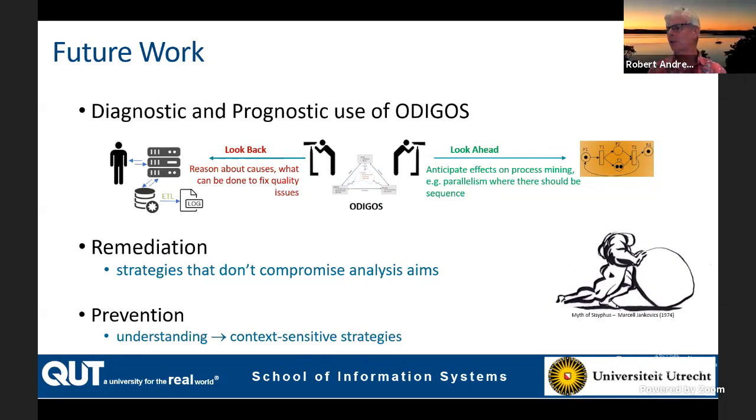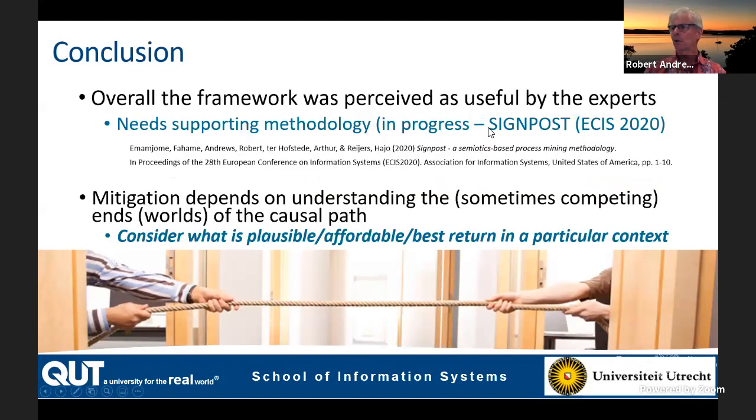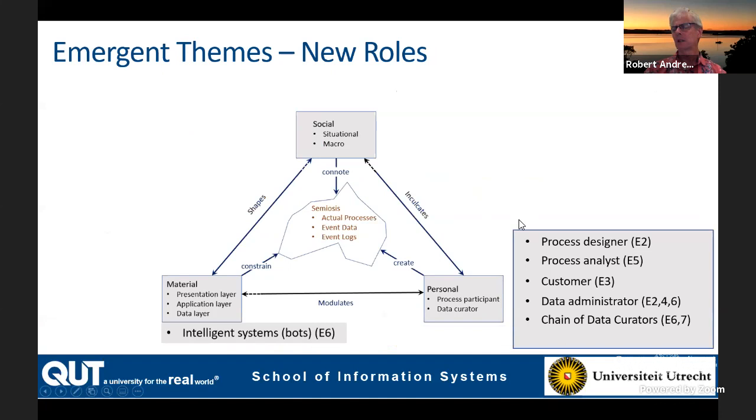We are, as you said, classifying symptoms, and using the framework, we are looking back here. So when we see symptoms in the event log, we're looking at the ways in which the symptoms came there by following the paths backwards. And we're trying to generalize the sorts of issues that might directly create an issue in the event log, or by working along the arrows, look at root causes.